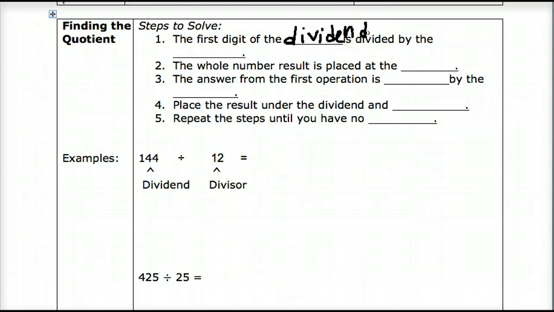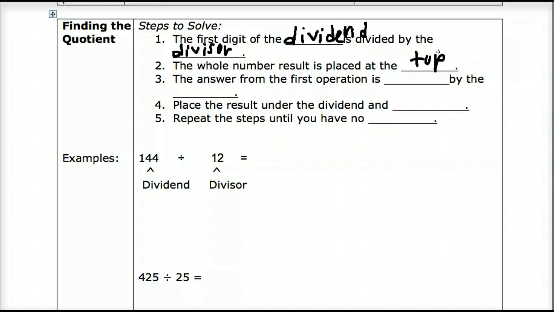And it's going to be divided by the other word we talked about, the divisor. And next we know that the whole number result is going to be placed at the top of the house, which we will be talking about in a couple of minutes when we work out some examples.